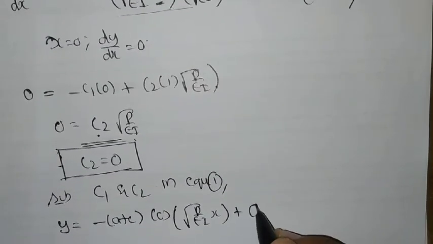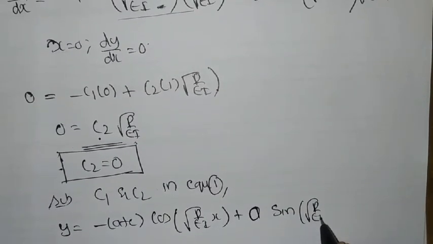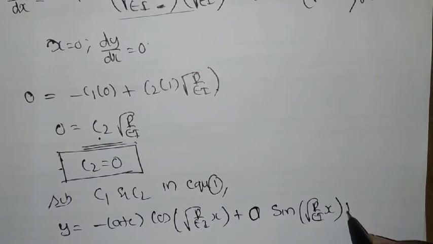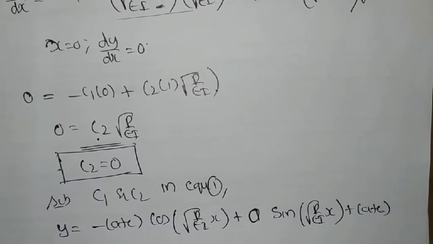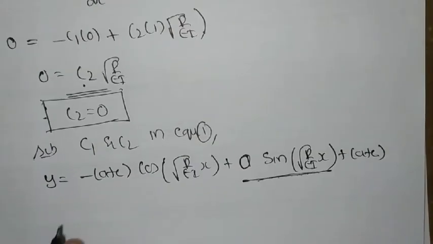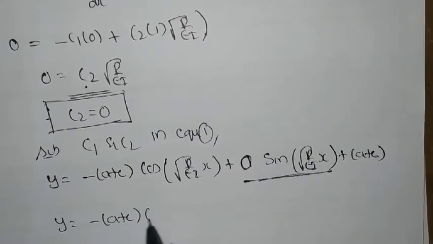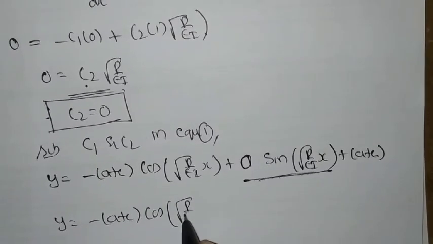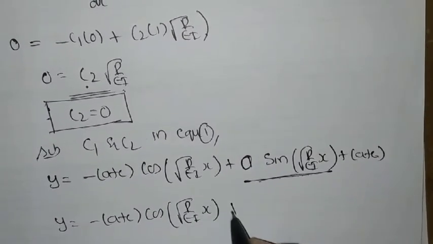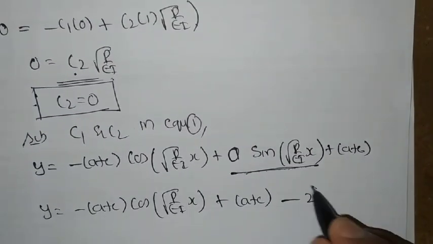The value of c2 is 0 here, so c2 into sin of root P by EI into x becomes 0. Then the equation can be written as y is equal to minus of a plus e into cos of root P by EI into x plus a plus e. Make it as equation number 2.